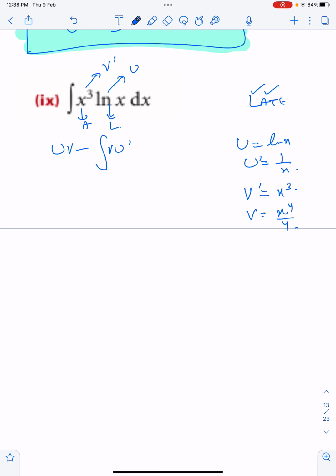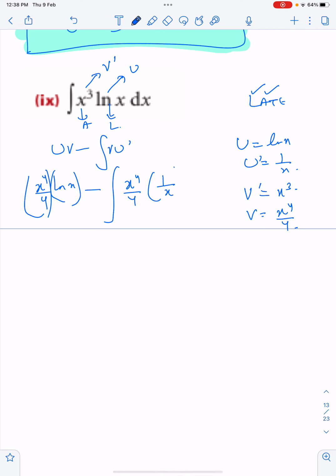u is ln x, v is x to the power 4 upon 4, minus the integral of v, which is x to the power 4 upon 4, and u dash is 1 upon x, dx.